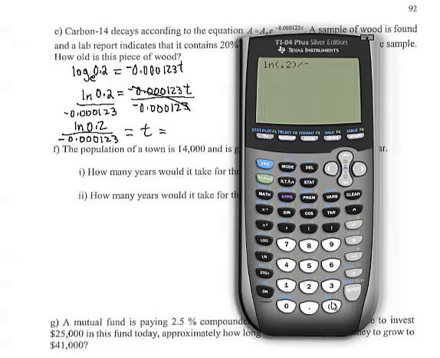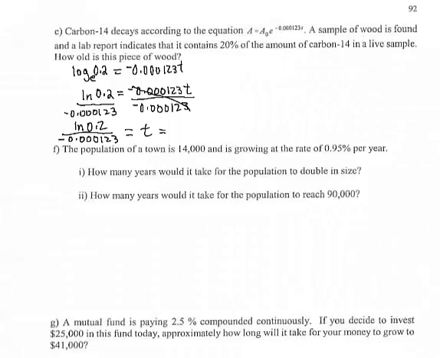Make sure you use the negative symbol grouped with the numeric keys, 0.000123, enter, and we get 13,084.85 if we round it to the nearest whole number. And this is in years.